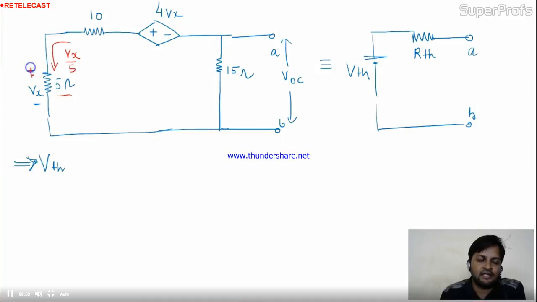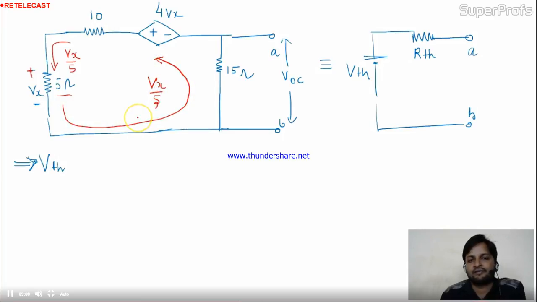Because here is the potential high, here the lower potential. So I can say the current in the circuit is Vx by 5. Is it okay? So can I apply KVL in this circuit only? In this circuit only. I know I have to calculate this VOC. VOC is nothing but the voltage across this 15 ohm. Right? Are you getting this?